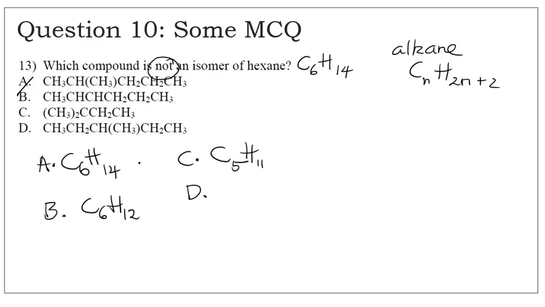So maybe there are two possible answers. 1, 2, 3, 4, 5, 6. Oh, I counted that wrong. Okay, I'm going to check B again. Alright, it's either B or C. Well, we have to live with that.